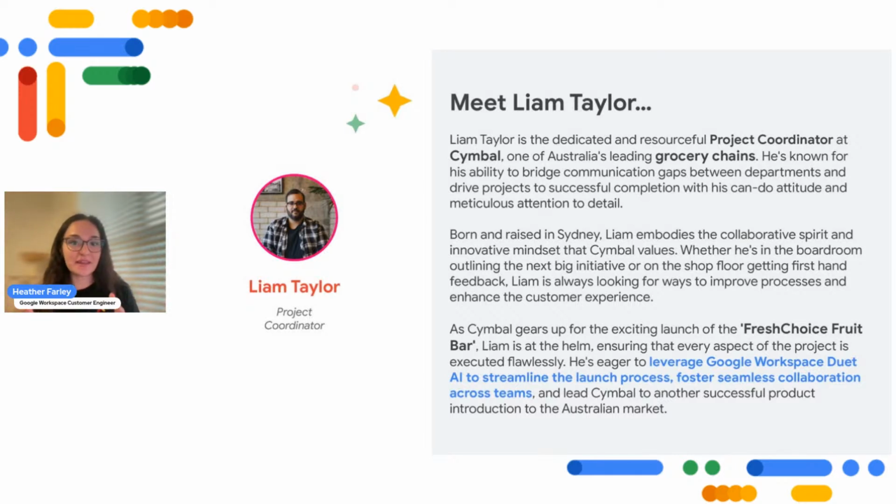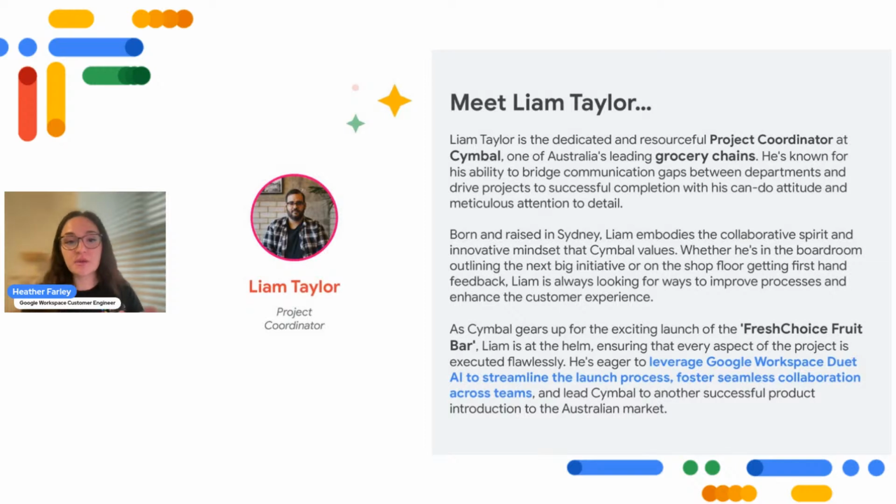We're going to meet Liam Taylor. So Liam Taylor is a project coordinator at Symbol. This is one of Australia's leading grocery chains. So Liam Taylor is a go-getter. He's really innovative and he is very successful at his organization. But what he wants to do is bring this to the next level and introduce more meticulous attention to detail.